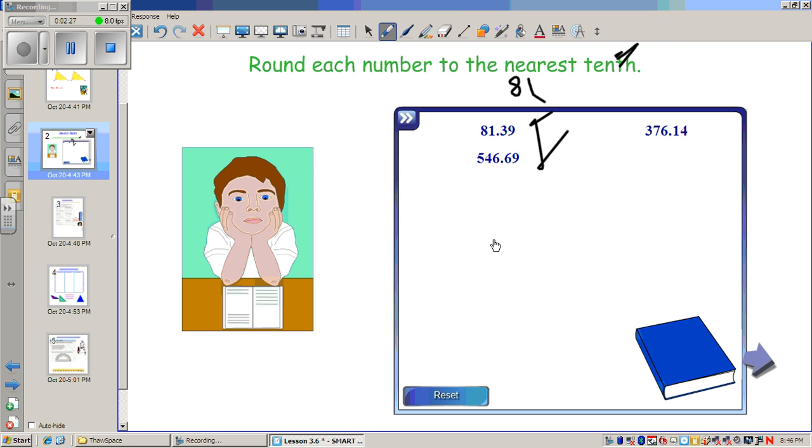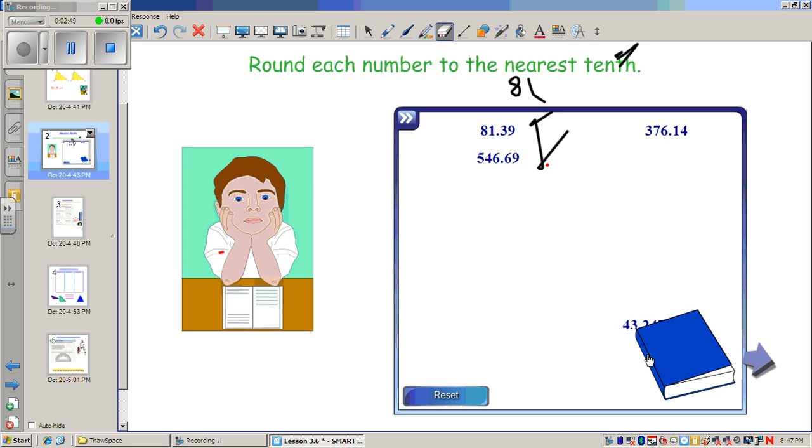546.69. Again, 546 and 69 hundredths. I'm going to look at my 9. I know that it's 5 or higher, so my new number should be written as 546.7. Again, hopefully that made a little bit of sense to you.